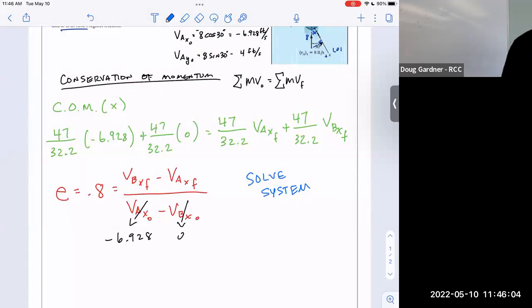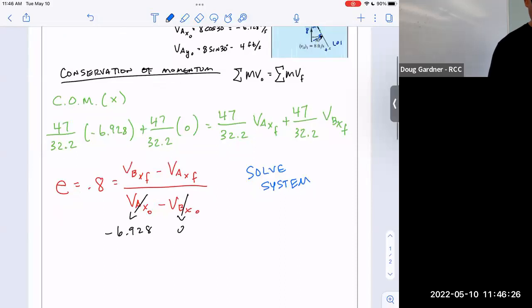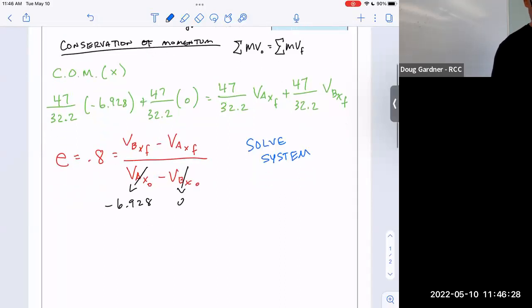I'm just looking at my notes because I was just going to write it down. I have written down this answer, but I'm kind of looking at it, kind of not trusting it.